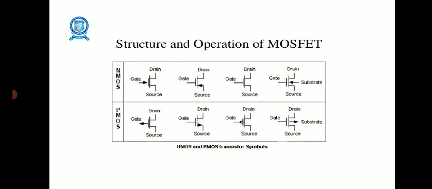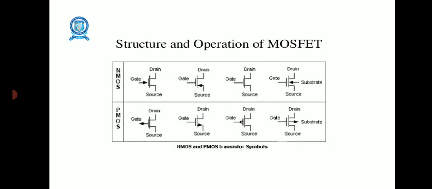This MOS structure forms a capacitor with the gate and the substrate as the two plates, and the oxide layer acts as a dielectric material. The thickness of this dielectric material is usually between 10 nm and 50 nm, and the carrier concentration and distribution depend on the external voltage applied to the gate and the substrate terminal.